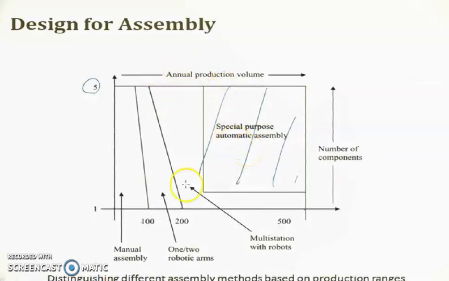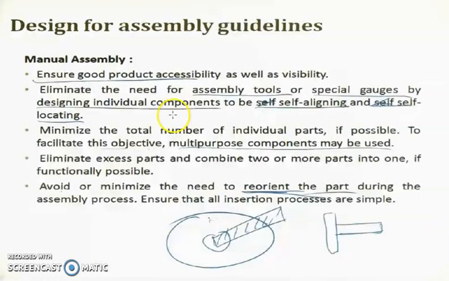Similarly, if your annual production is roughly about 200 and the number of components is also high, then you can go with multi-station robots, or one or two robotic arms. If the production volume is very low compared to this, then you can go with manual assembly. In this way, or in this plan, you can select your type of assembly method for designing assembly.